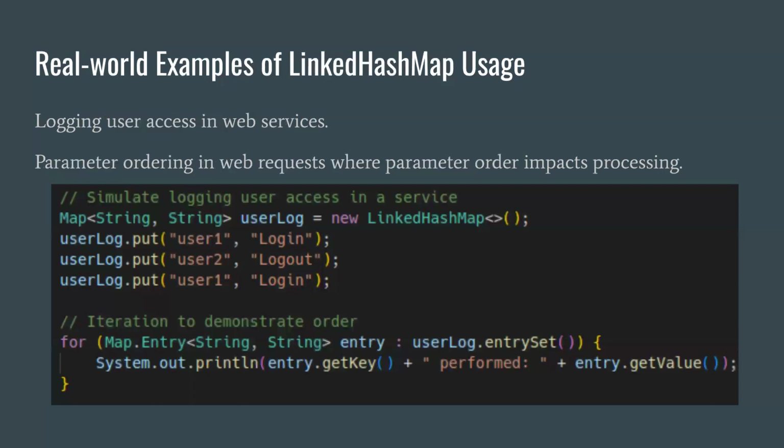By doing that, you allow the service to easily retrieve or display the most recent accesses in the exact order they occurred. Another example would be handling HTTP requests, where maintaining the order of parameters can be important for processing.